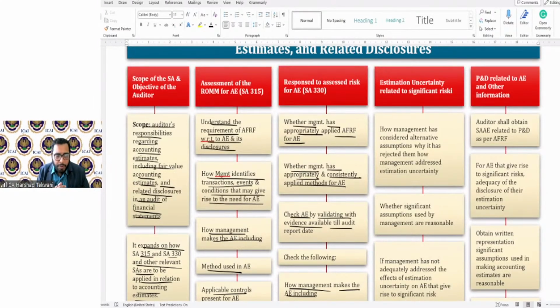You can say the degree of uncertainty with respect to that estimate is estimation uncertainty.